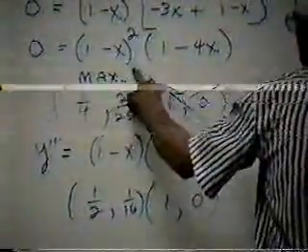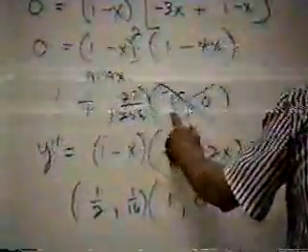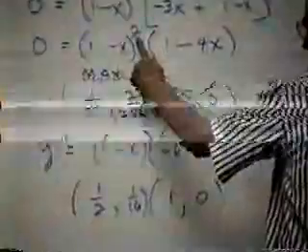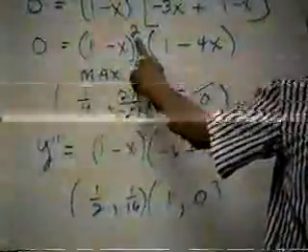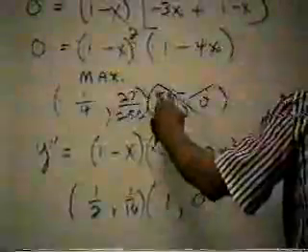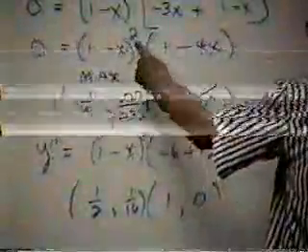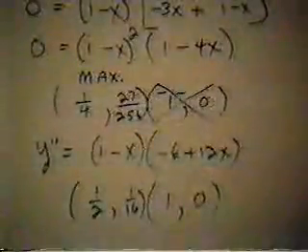Now, stop for a moment and watch this little trick. Anytime any one of these roots comes from an even power, if that power in the first derivative is an even power for that root, then it will not be a maximum. It will not change signs. It'll either be both minuses or both pluses. If the root that you get right here comes from an even powered multiple root up here, then it will not be a maximum.